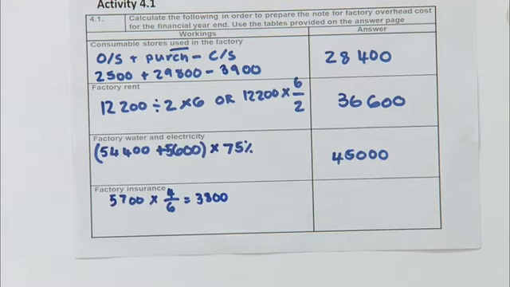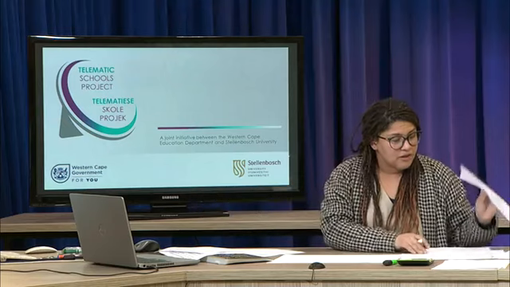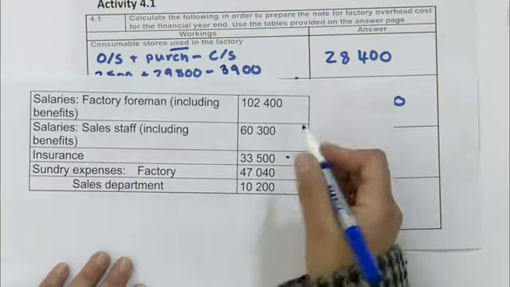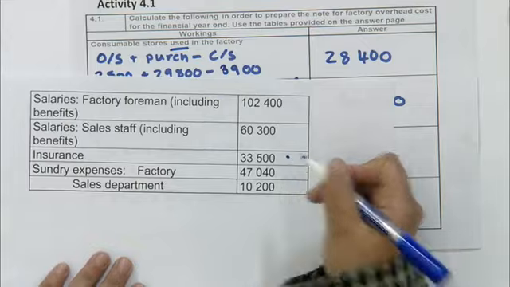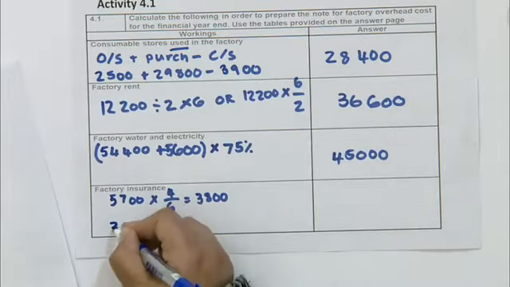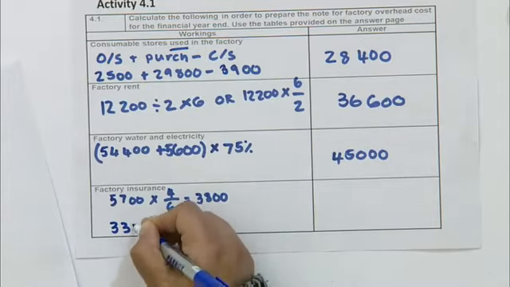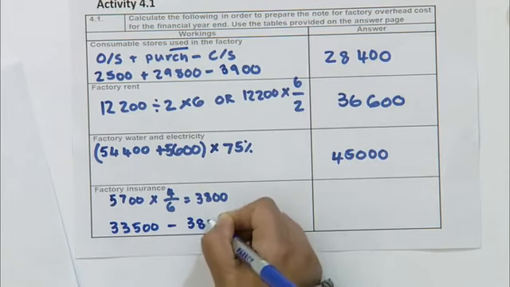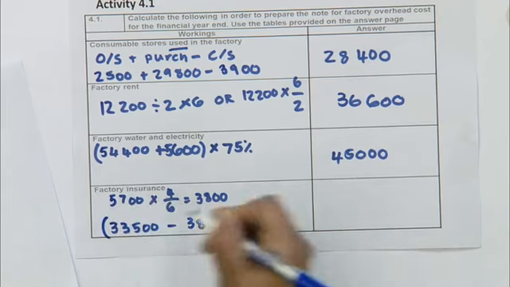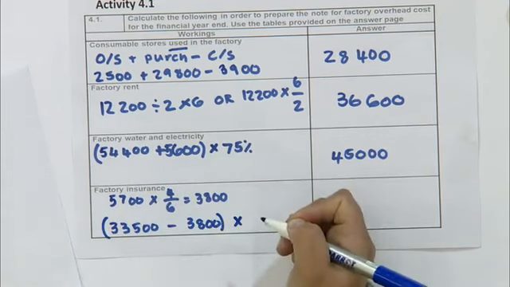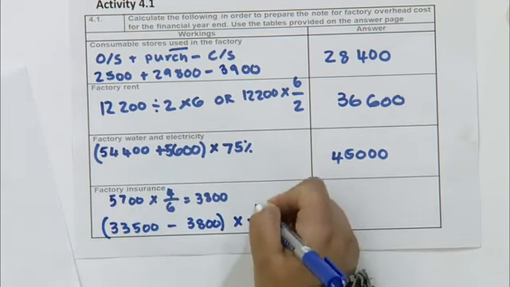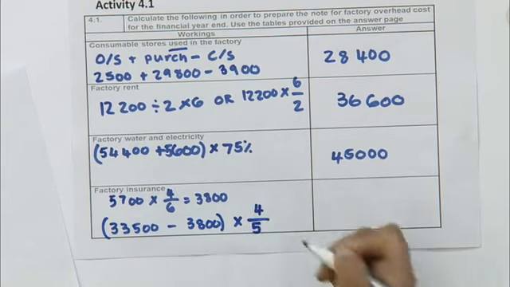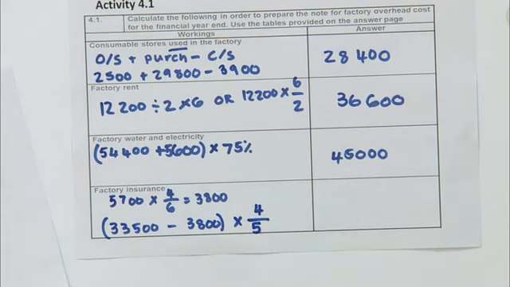And what was our total insurance amount? Our total insurance amount was 33,500. So we're going to say 33,500 minus 3,800. And what are we going to do? What we want over what we have. So we want 4 parts of the total 5 parts there are. Right?